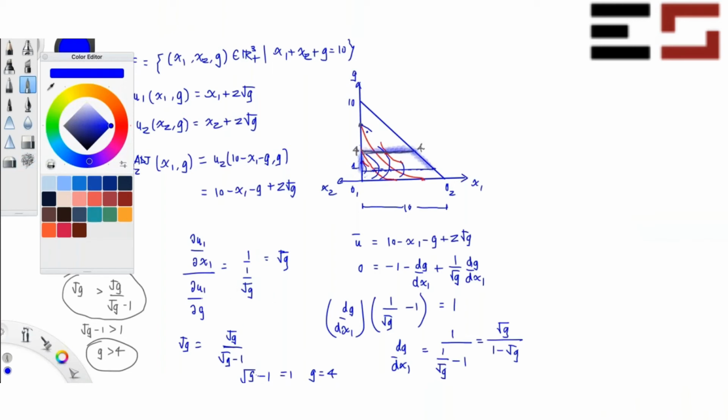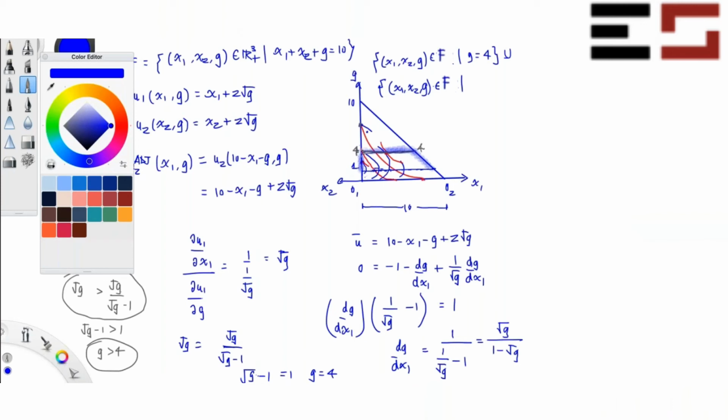So now we can just write the set of all efficient allocations. X1, X2, G in the feasible set such that, what about these points? What is true about these points? G is 4, right? Union X1, X2, G in the feasible set such that, and what about these points?